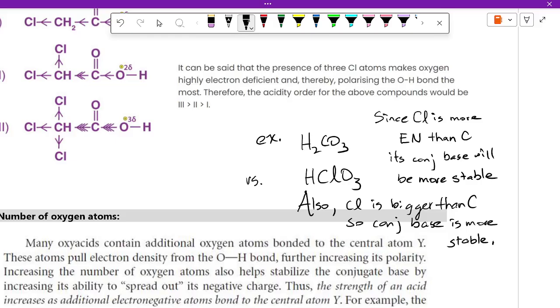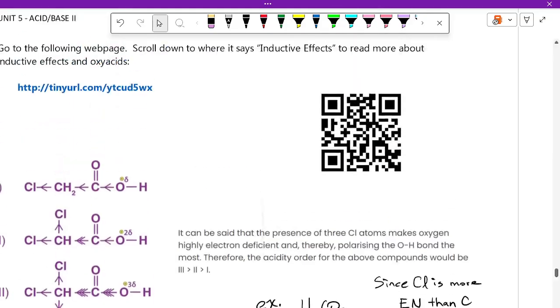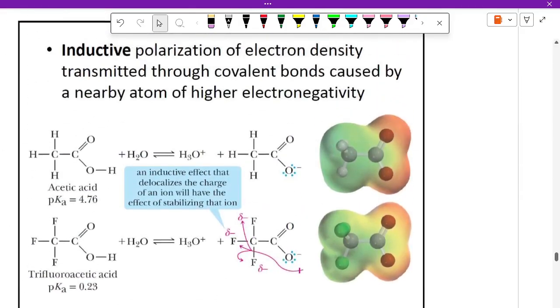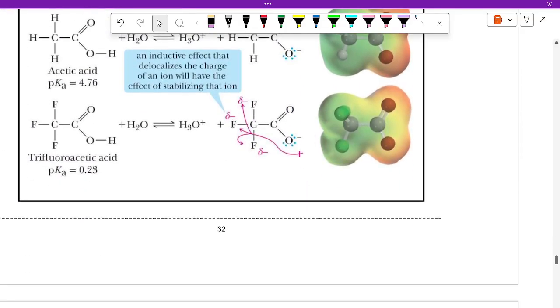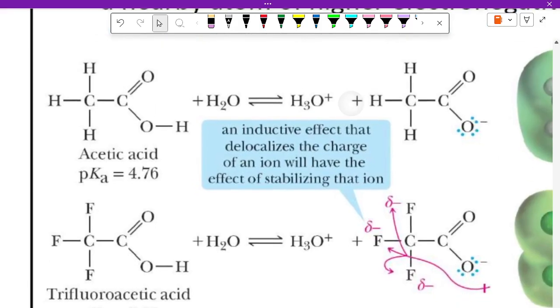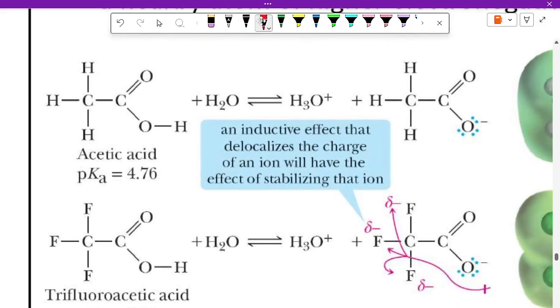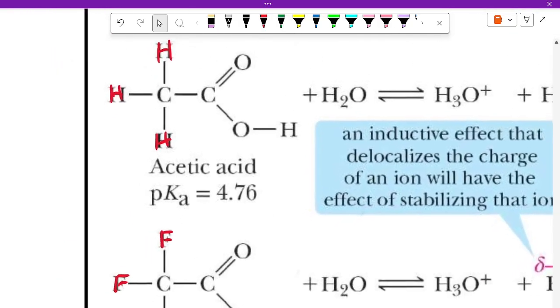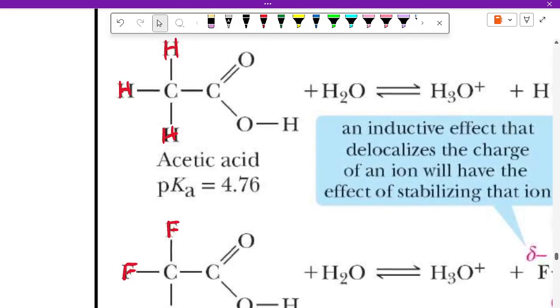We are going to talk about the inductive effect, but we're not going to call it the inductive effect. Basically, if you have two acids, here is CH3, so we got our H's here, and if we replace those H's with F's, could you predict which of these two acids is the stronger?